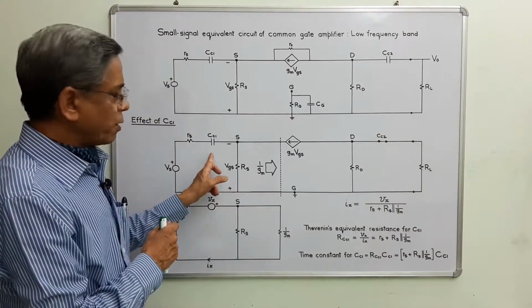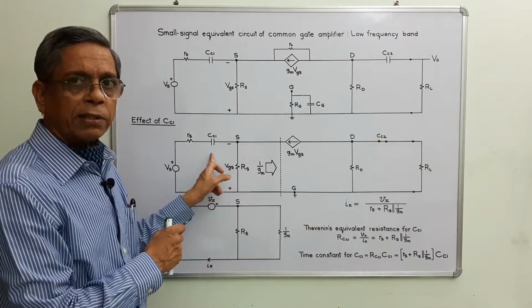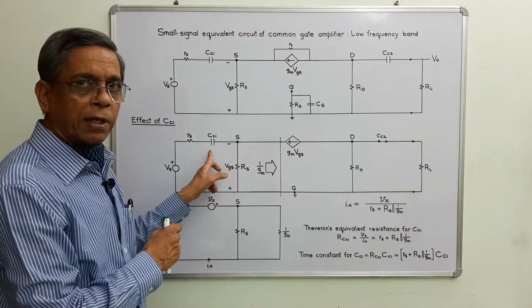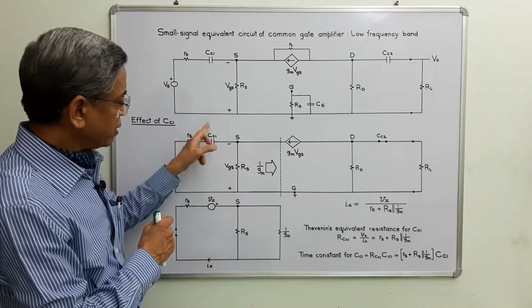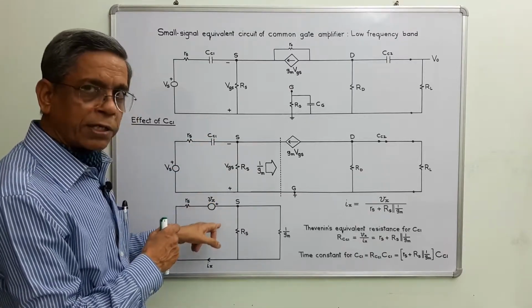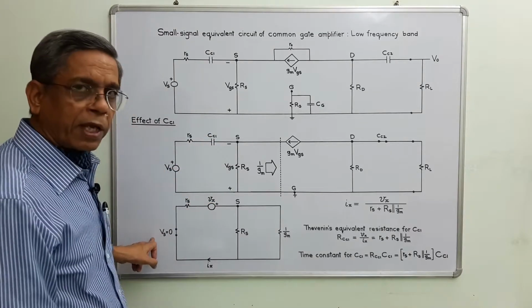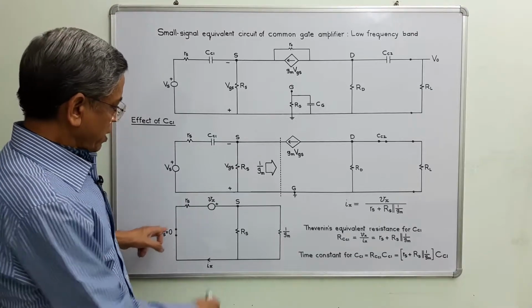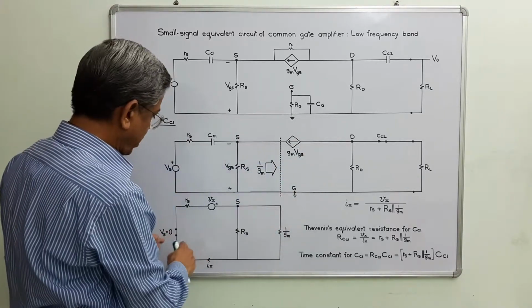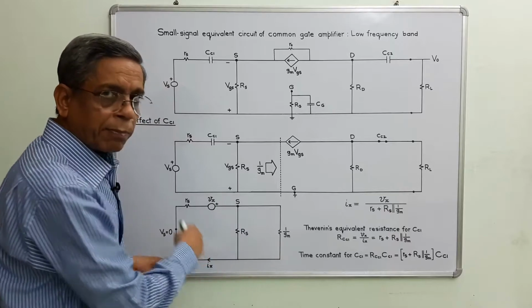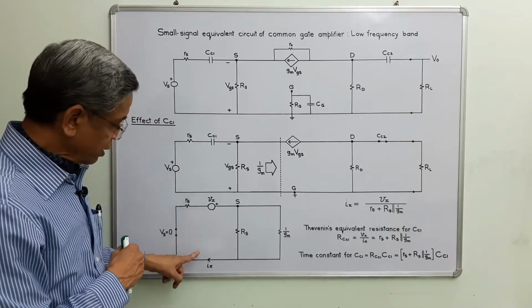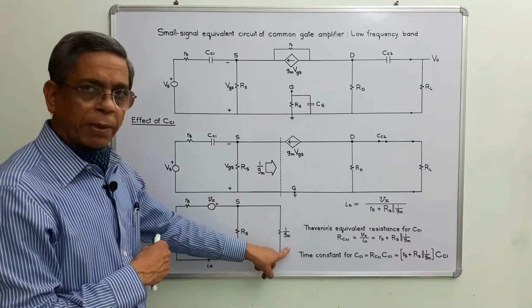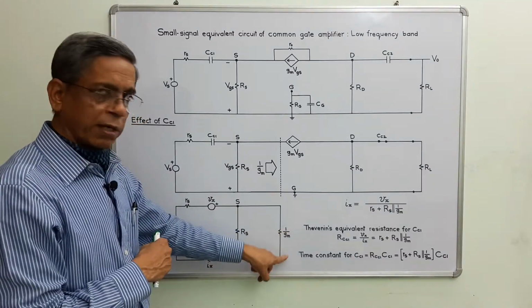Now I have to find the resistance seen by the coupling capacitor CC1. I have to use Thevenin theorem. I replace this capacitor by a test voltage, putting the source value equal to 0, and reduce the whole circuit into a simplified circuit. This is the test voltage Vx and this is the test current Ix, and this is a parallel combination of RS and 1 by gm.